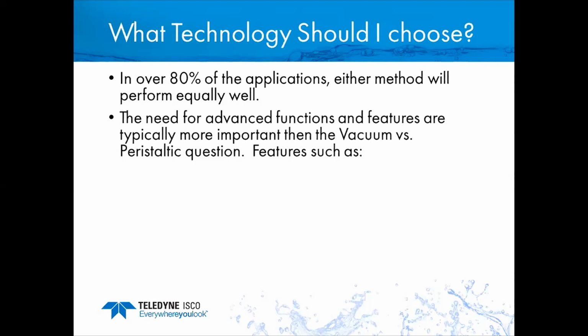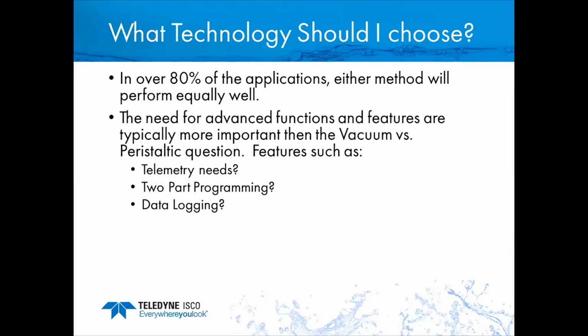The need for advanced functions and features is typically more important than the question of do I choose a vacuum or a peristaltic sampler. Features such as, do I need telemetry? Do I need remote access to that sampler? Do I have an application need where two-part programming would be advantageous, such as for stormwater? Do I need data logging?